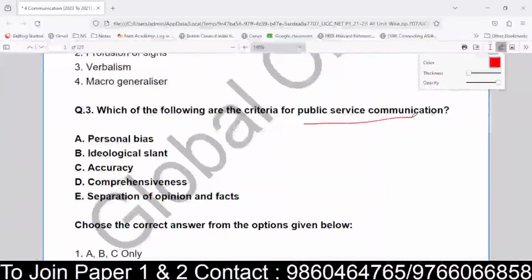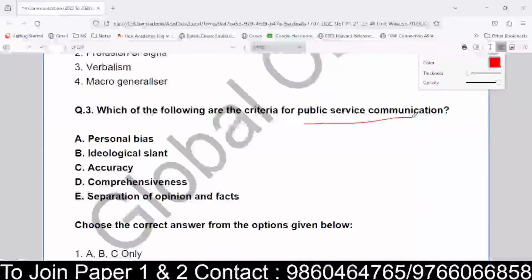Okay, we are talking about public service communication. What is the question basically about? The question is asking about the criteria for public service communication. Communication in public service means a practice of giving a message from one specific group to another group, or using some tools.